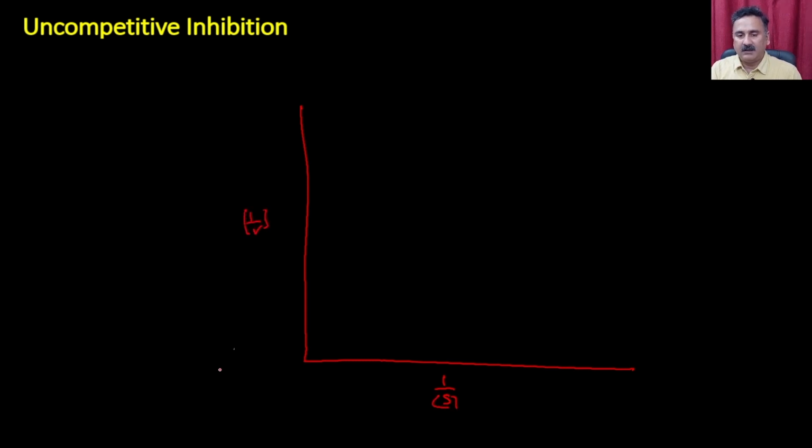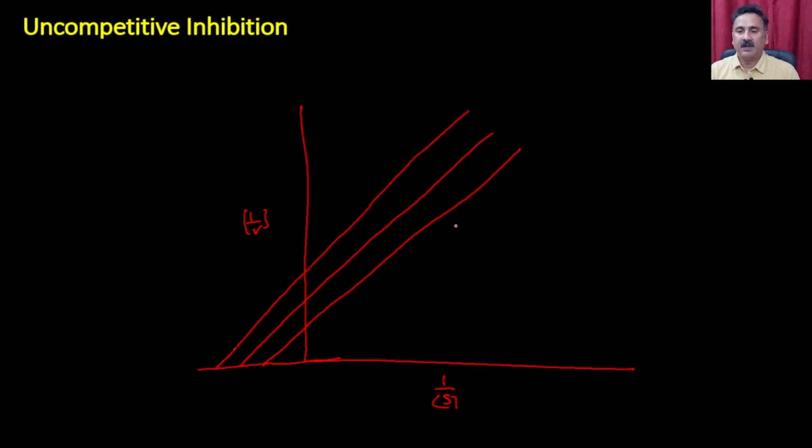Now we'll see the Lineweaver-Burk plot, how it is actually going to work. So you're going to have 1 by S versus 1 by V, okay? And this is what exactly going to happen. So you are going to have the slopes like this, and like this, okay?